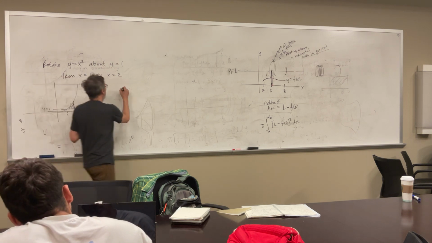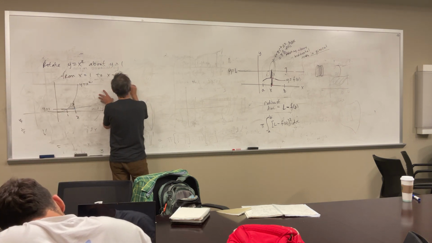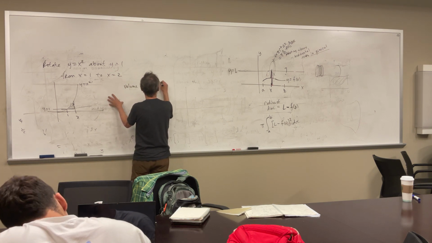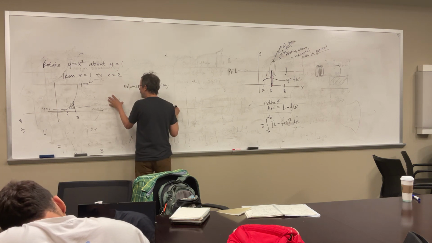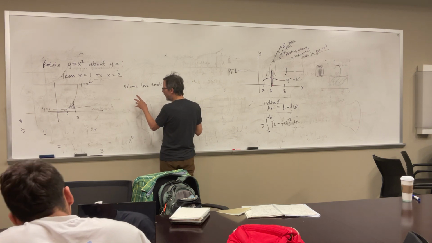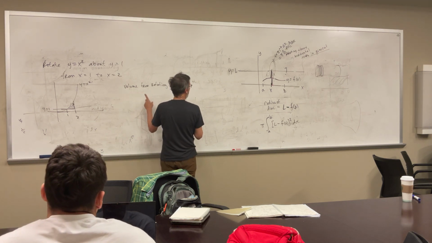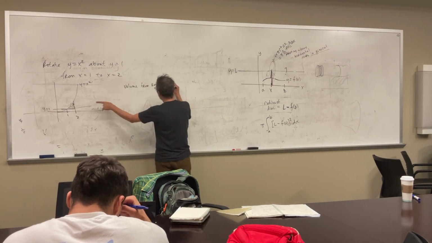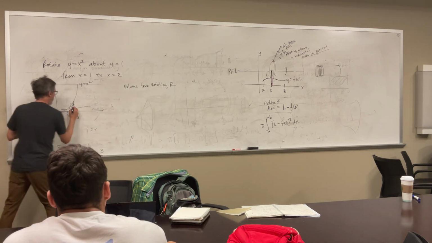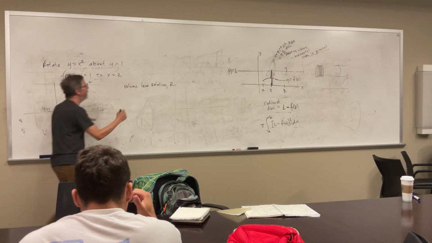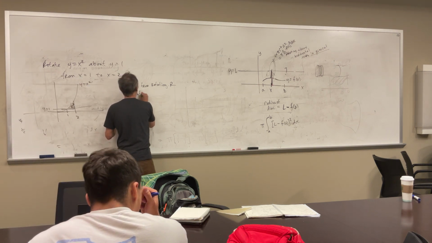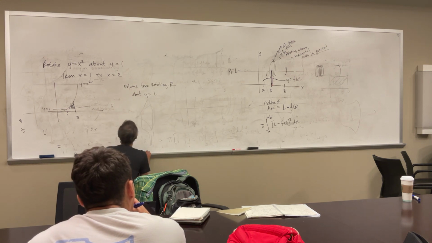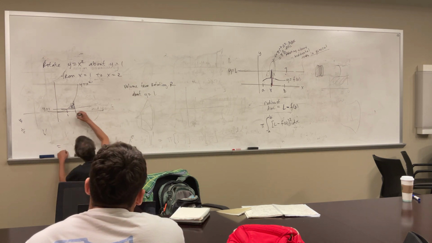So let me say it a little bit better. Volume from rotating this region R, let's call it R right here, about y equals 1. And so the answer is just going to be, look at a slice.